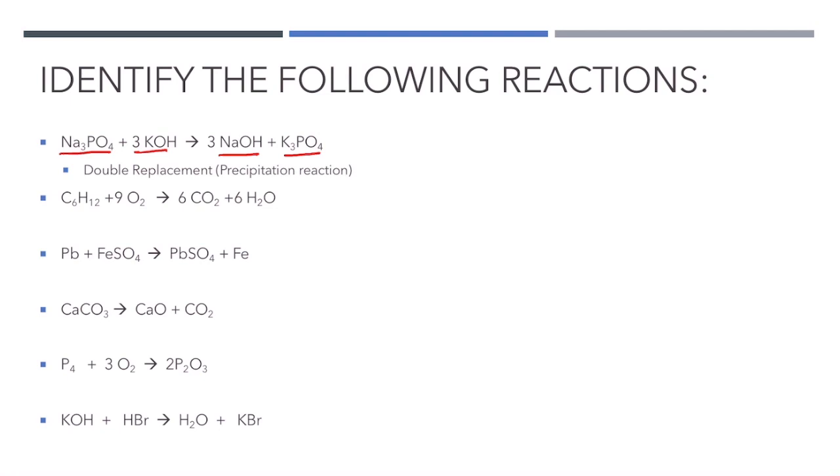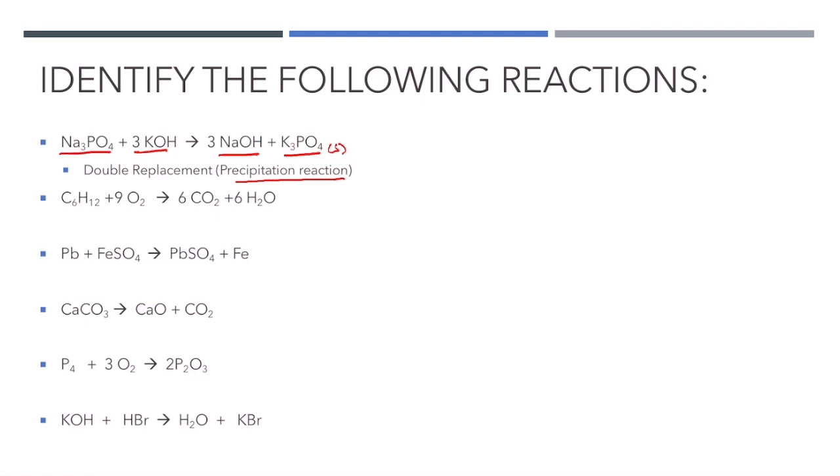It's definitely not acid-base, and it would be hard for you to say precipitation because I didn't actually give you the information that you would need, but potassium phosphate is an insoluble product, so it will form a solid. So if you said precipitation, even if it was just a guess, bonus points for you, but it's definitely double replacement.